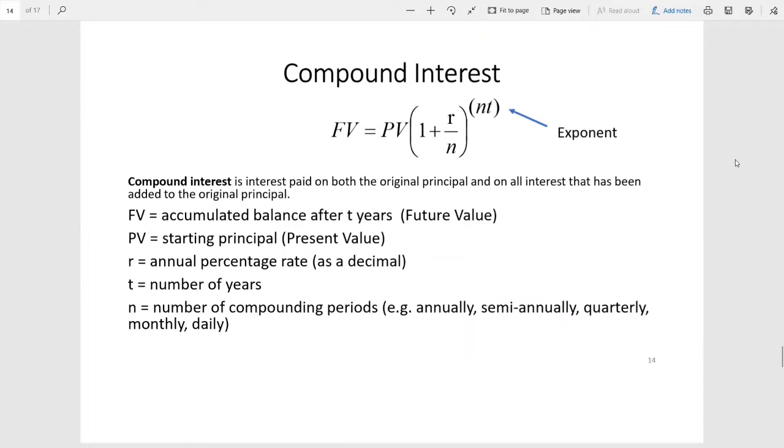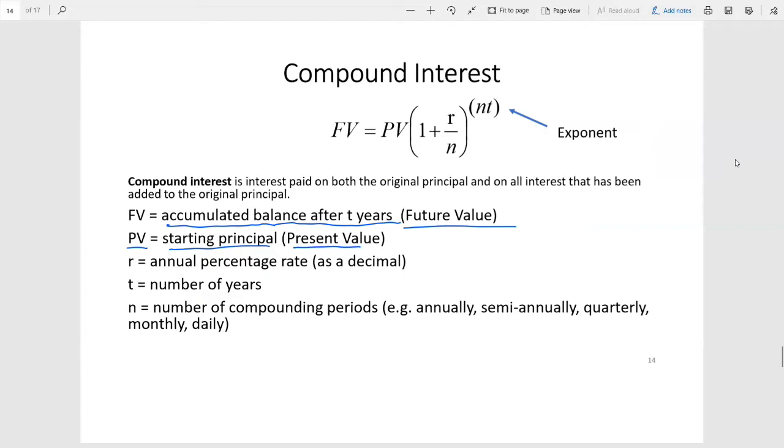Now, let's look at the compound interest formula. We've got the concept of what I call future value, or the accumulated balance after T years, and the present value, which is the starting principal.